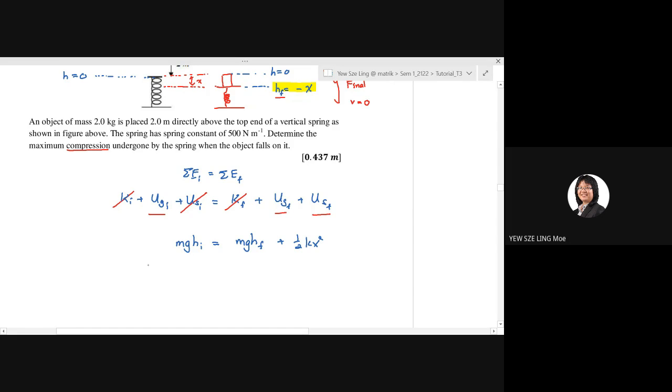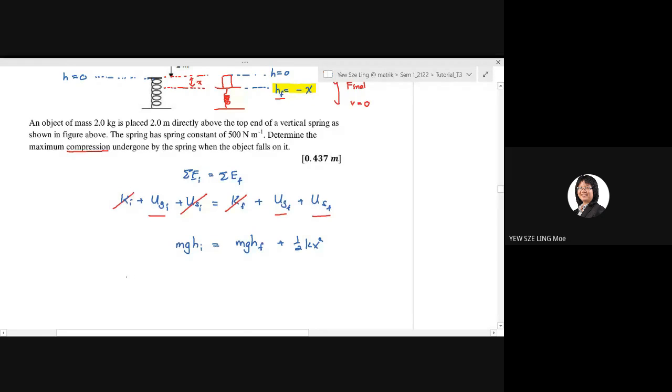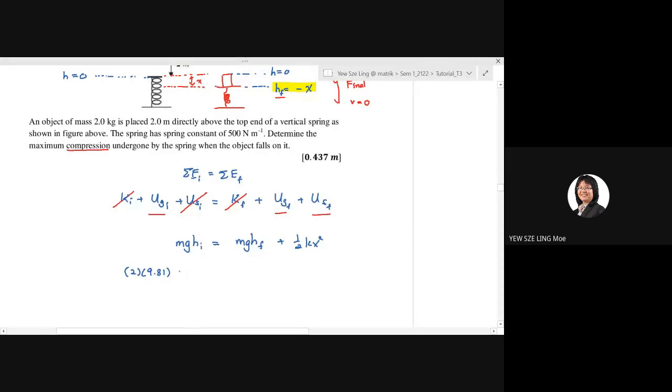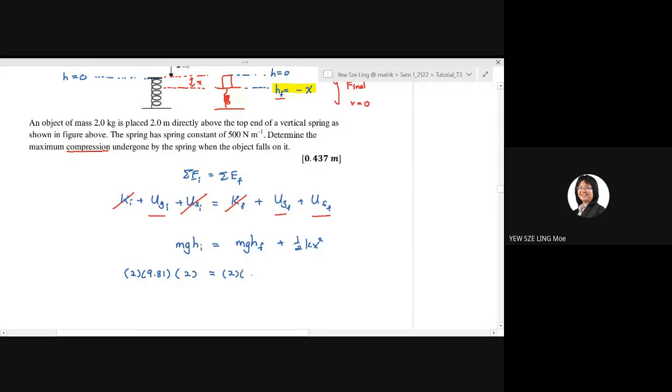Now I'm going to substitute the values into the equation. I have m is 2 kg, times 9.81, and my H is 2 meter, equals 2 times mg, which is 9.81, and now my H is negative x.